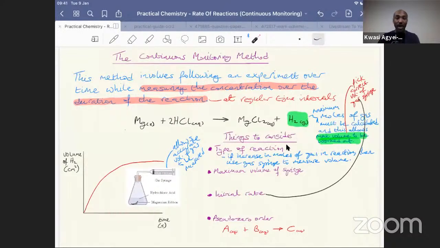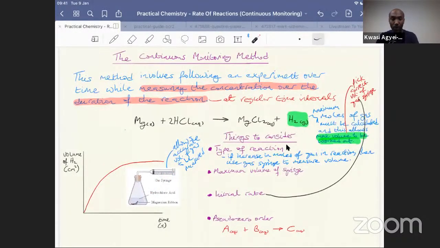And what you will obtain is a graph that looks like that. And of course, you would expect that graph to plateau when the reaction is complete, when no more hydrogen gas is being produced because your magnesium has been used up in the reaction. Okay, so a graph looking like we've got here is what you would expect to see.